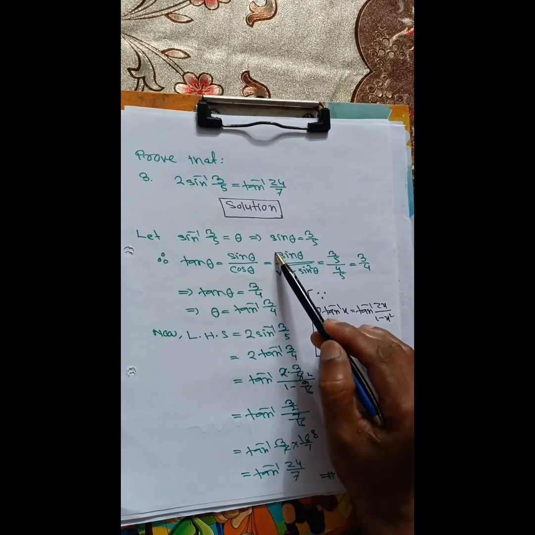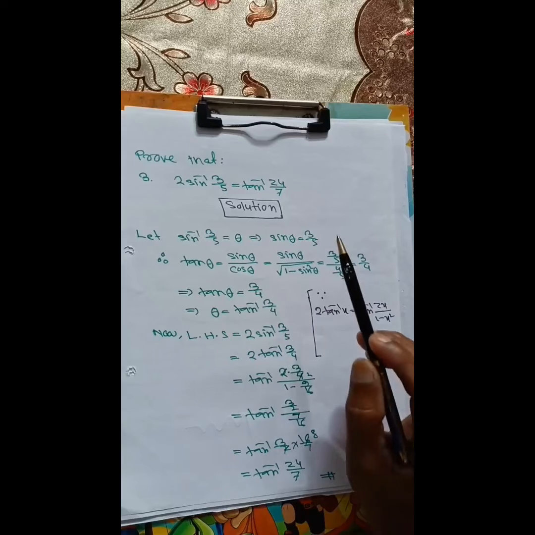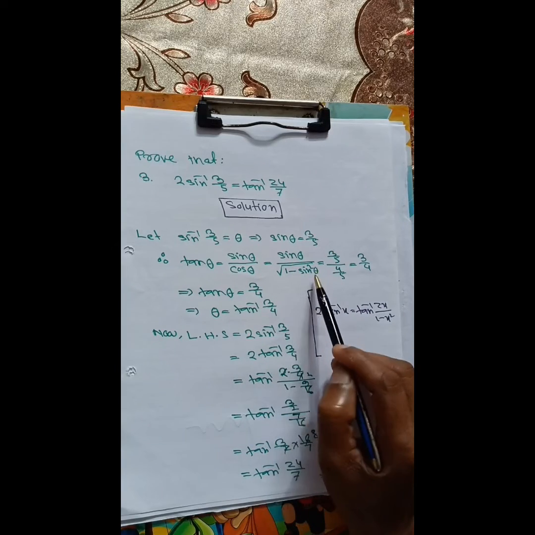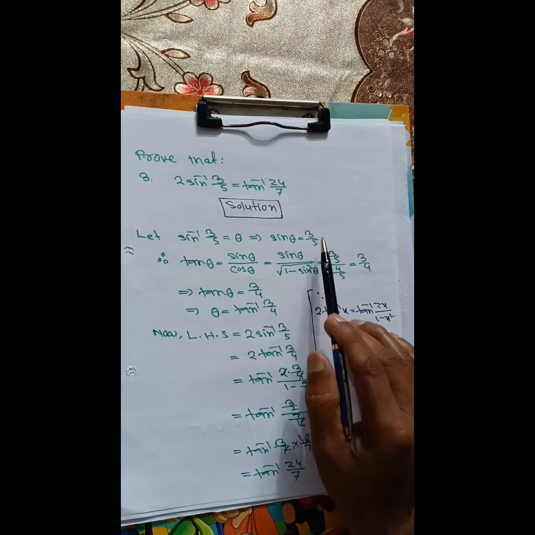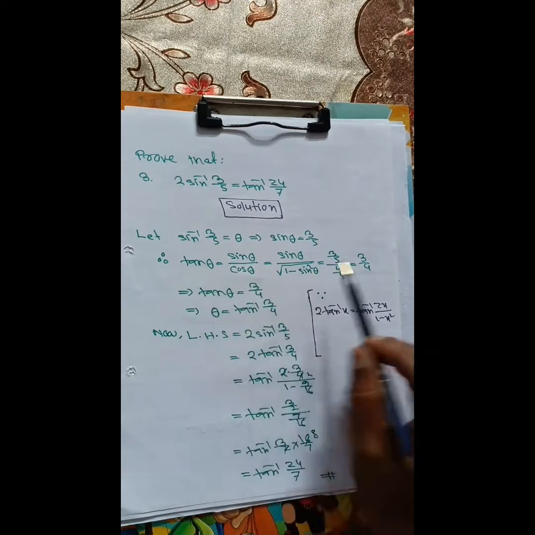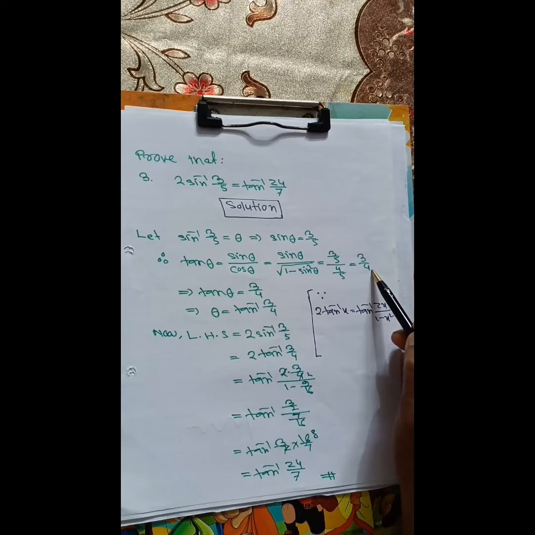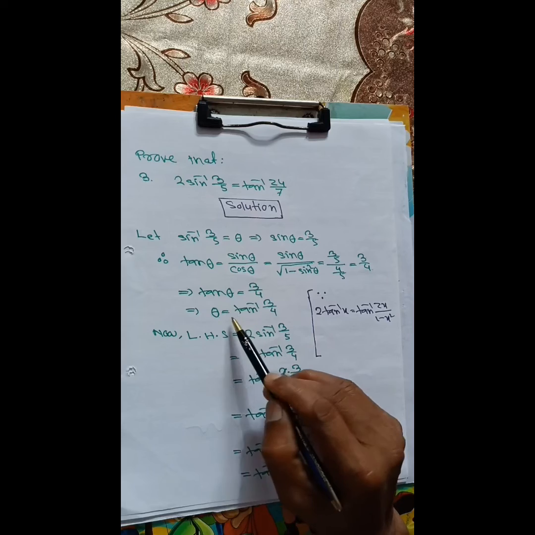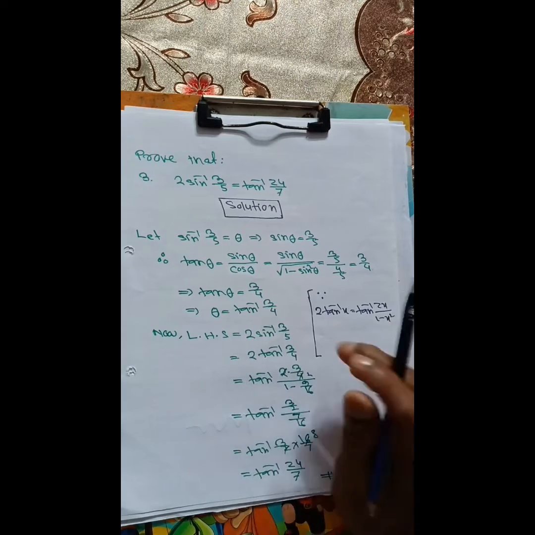That's why we express this in sin form. That means cos theta is equal to under root 1 minus sin square theta. Now putting the values of 3/5, we get tan theta is equal to 3/4. Therefore theta is equal to tan inverse 3/4.